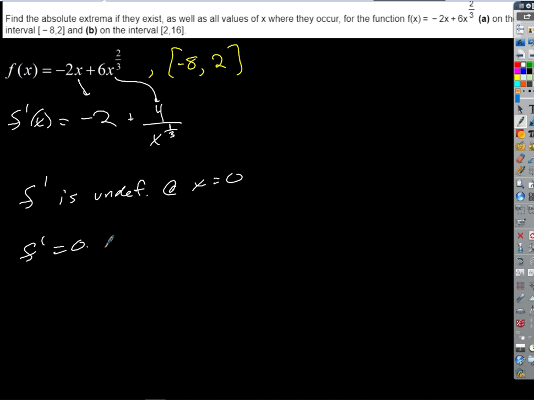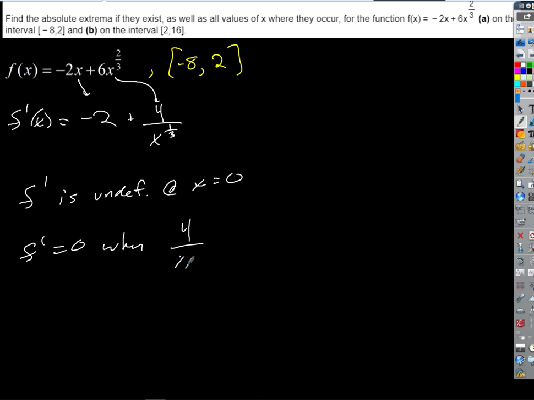f prime equals 0 when, now I could set this whole thing equal to 0, but I like to skip a step there. The derivative is equal to 0 when this term equals 2. Everybody agree? All we do is add the 2 to the other side.